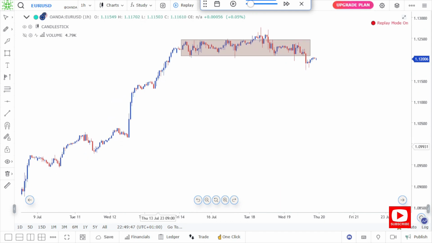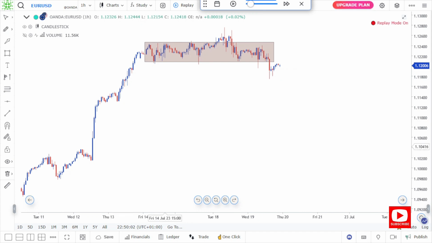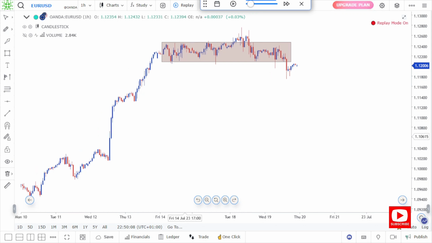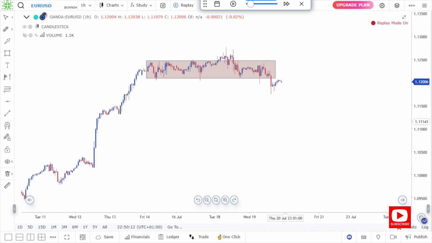Now 3 things I learned when trading consolidation boxes: 1, they are very effective; 2, they work better on higher time frames; and 3, you need some sort of confirmation when trading this powerful strategy. Now being number 5 doesn't mean it is less effective, because most traders use this strategy very well, and it's just the list that is making it number 5.